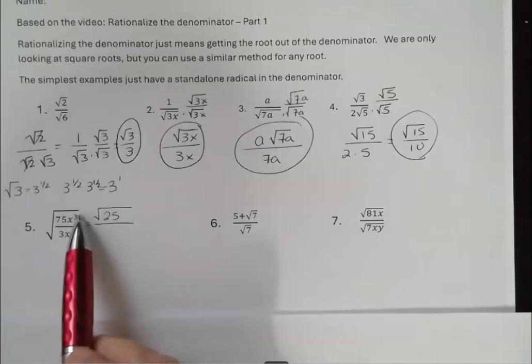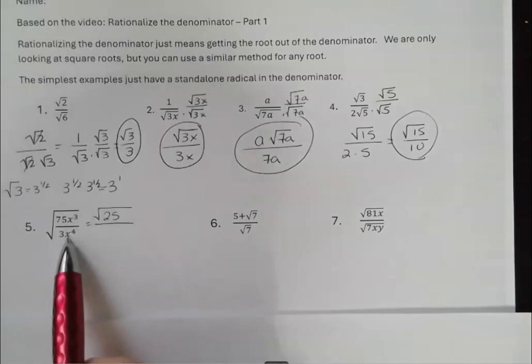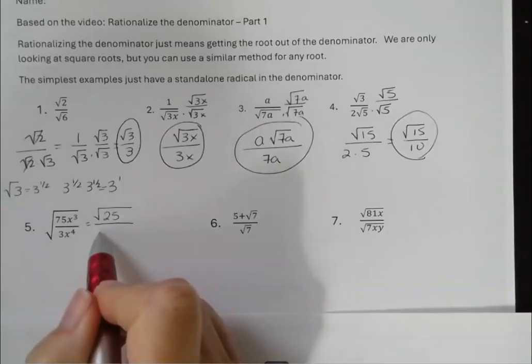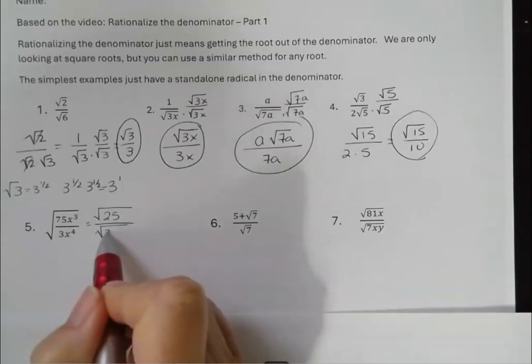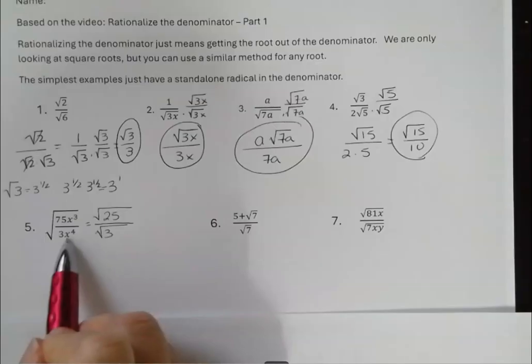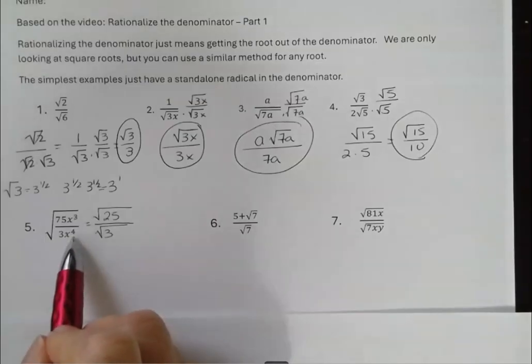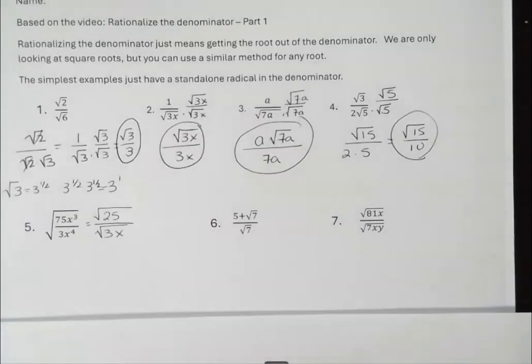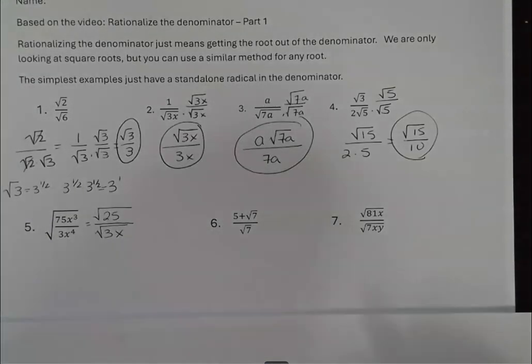Well, all these 3 x's will cancel, leaving 1 below here. So I don't have any more x's. And then underneath, I have the square root of 3, and then I have 1x left. Again, 3 x's over 4 x's, I have 1x left. So I simplified and I split that up into 2 before I ever did anything else.